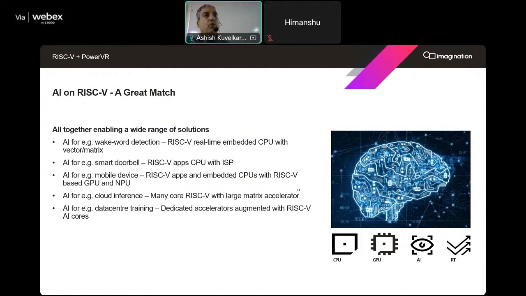And so these are examples of maybe doing AI at the edge, and then there's inference in the cloud, but of course that needs pretty significant network infrastructure, and then there is data center training. So all of these are workloads that lend themselves to a computing architecture where, like I said, the mantra is it's got to be scalable.